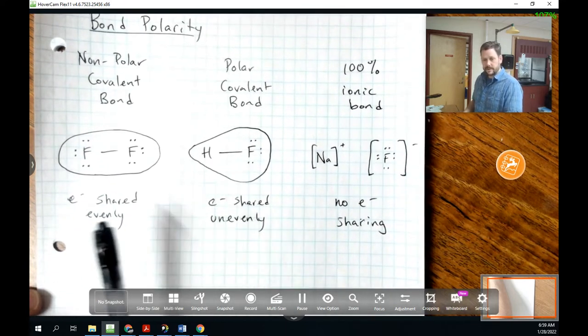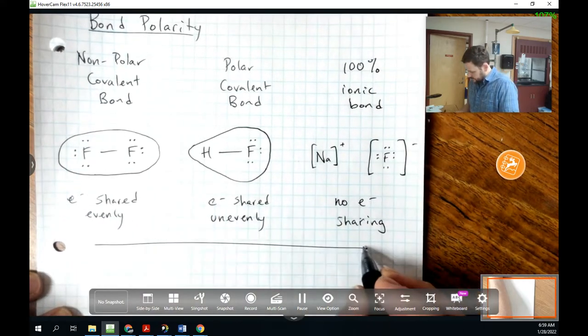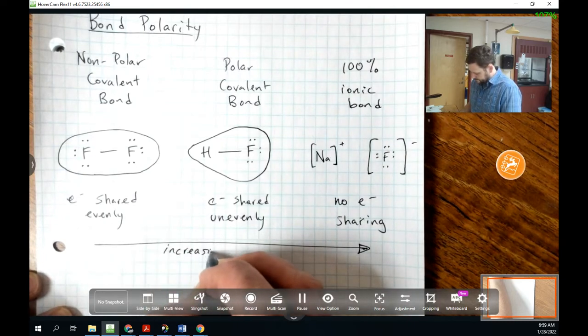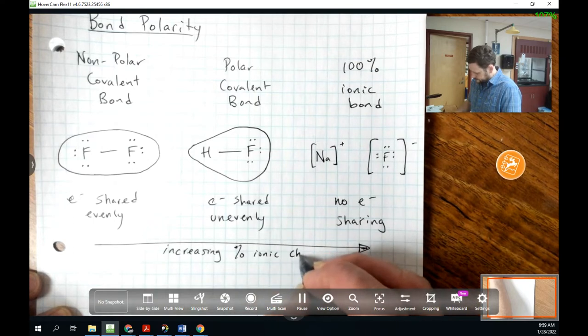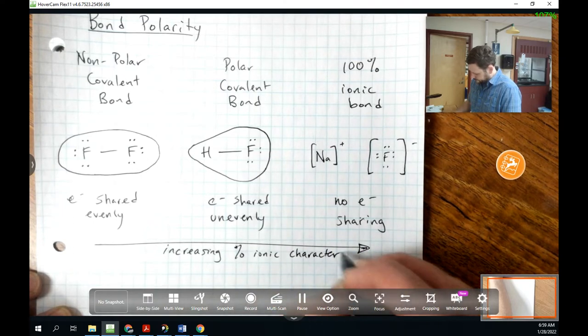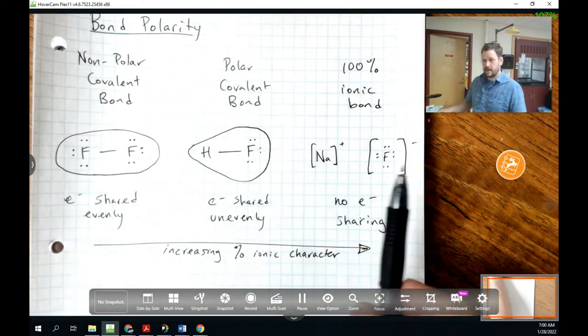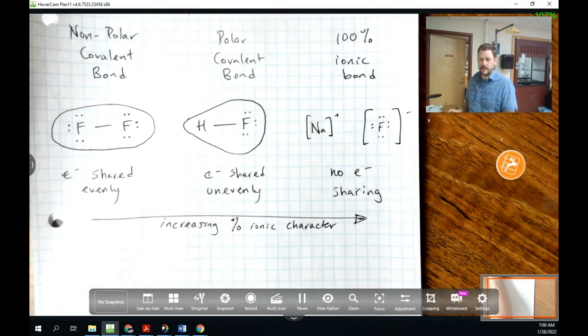So this is what we're going to consider increasing ionic character. And the distinction between ionic and covalent ends up being a little bit less distinct in this way. It's not simply a matter of a bond is either ionic or it's covalent.